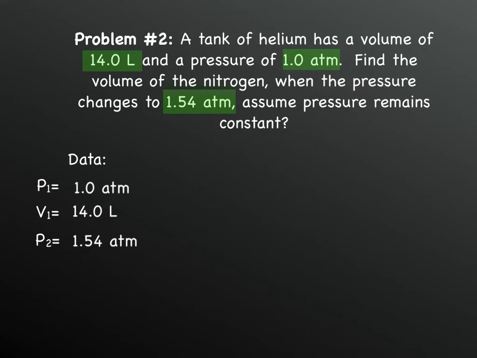Going back to the question, let's see what we're looking for. Find the volume. So it looks like we're looking for V2. V2 is equal to question mark. Once again, using our variables, let's take a look. We have P1, V1, P2, and V2. Go to your equation menu.